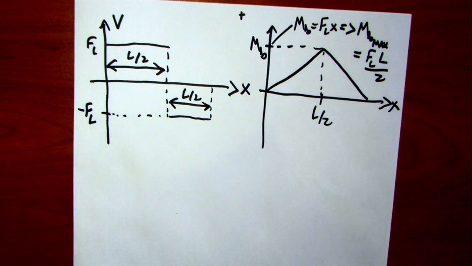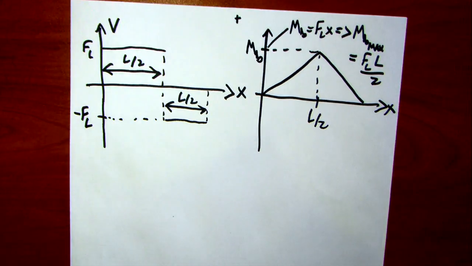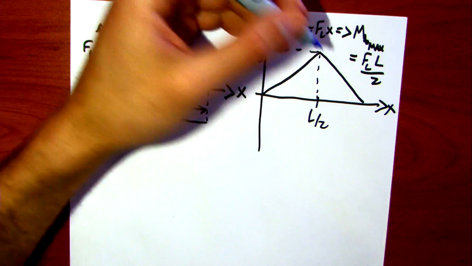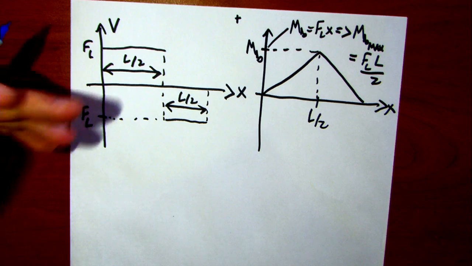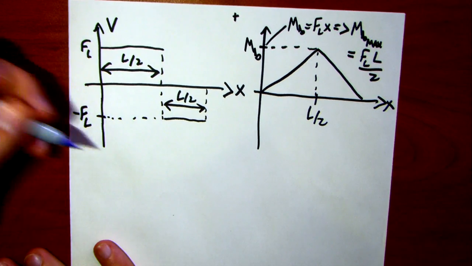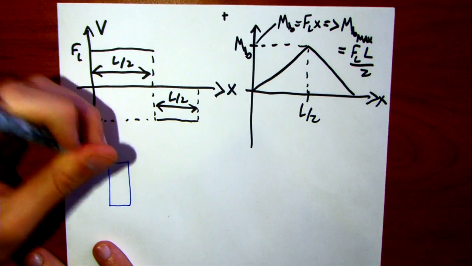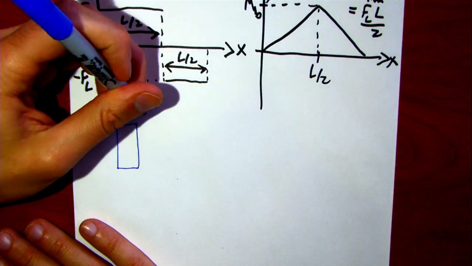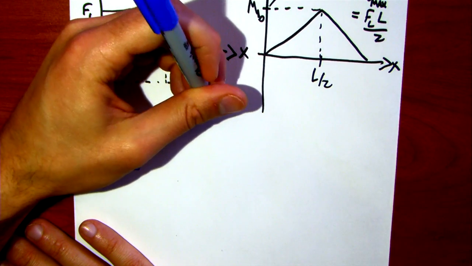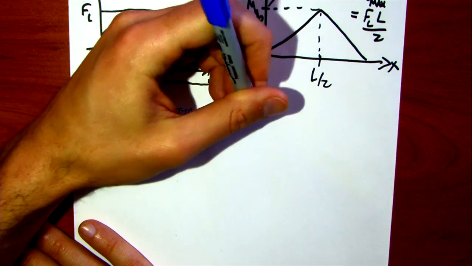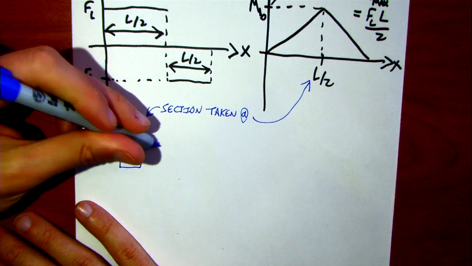So we got our shear and bending moment diagrams. Now, we're usually interested in maximums, right? So we went for, say, maximum bending stress. We said, okay, the middle is where maximum bending stress occurs. Whatever, we can find bending stress. So now we're at the middle. This section, we draw a section taken at L/2, it's a rectangle, so there's my neutral axis.